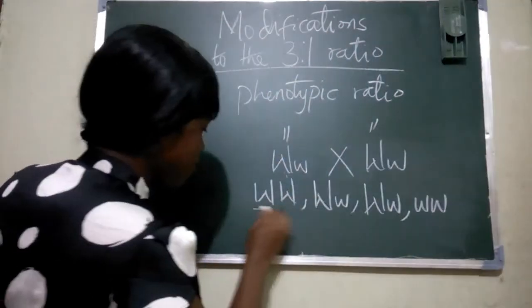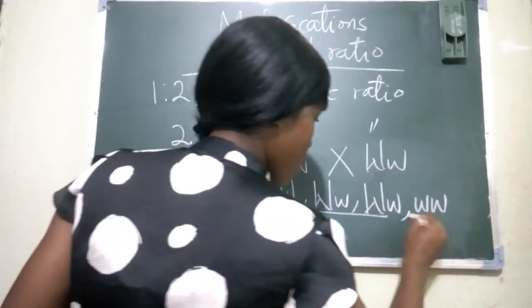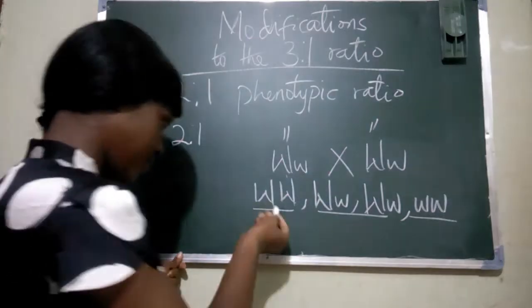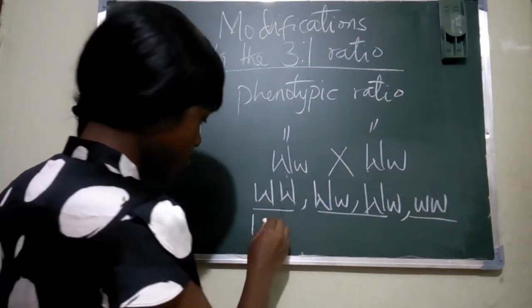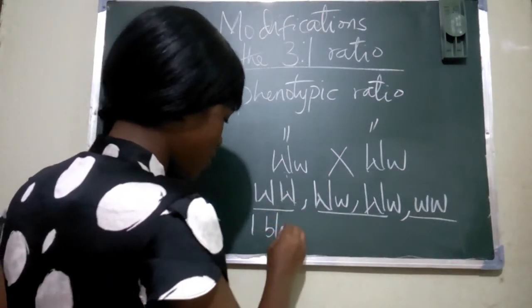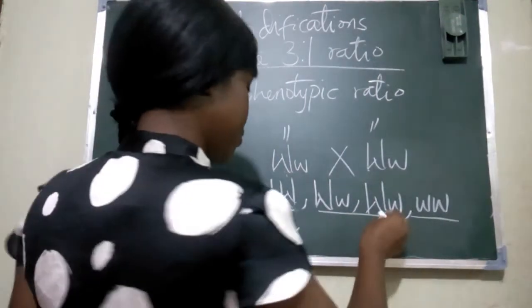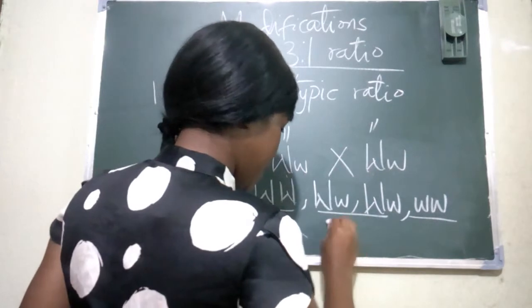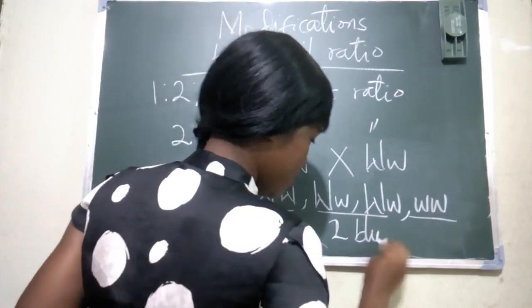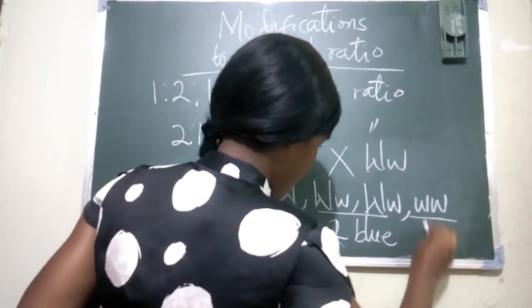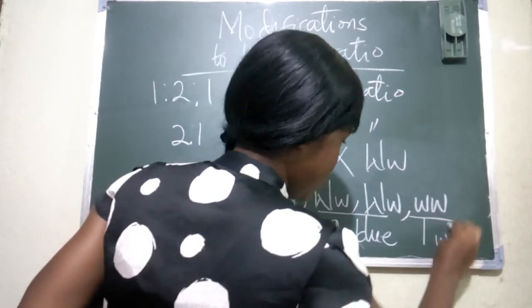So here we have, once again, one black feathered fowl out of every 4 chickens, 2 blue feathered chickens, and 1 white feathered chicken.